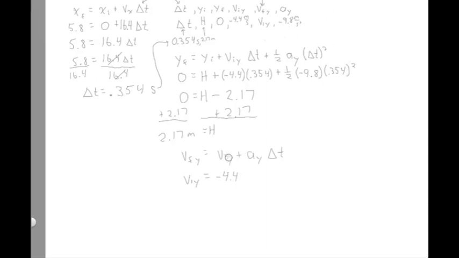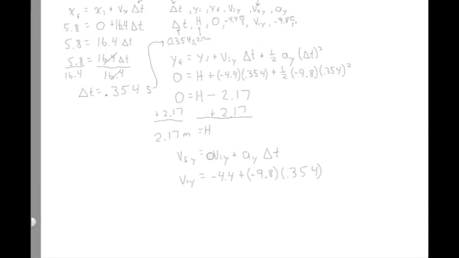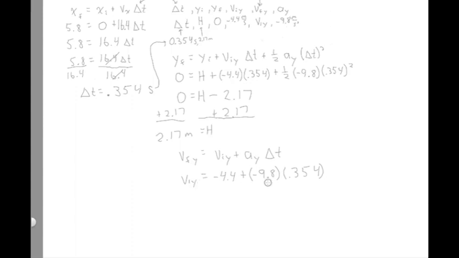Again, it's important that we know that this number is negative. A sub y is negative 9.8. And delta t, that's a number we figured out previously, 0.354. Remember that you should write the general formula before you plug in. Don't go straight to here, write this line first.